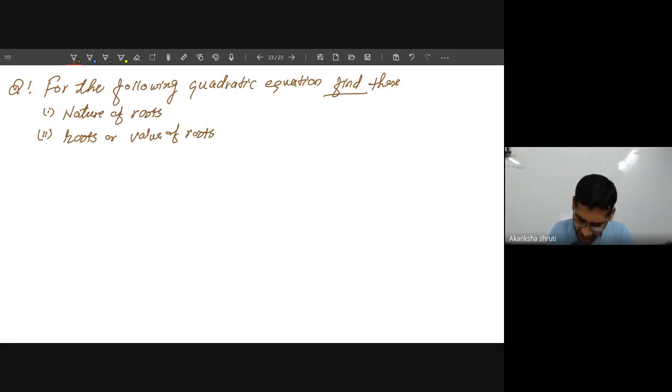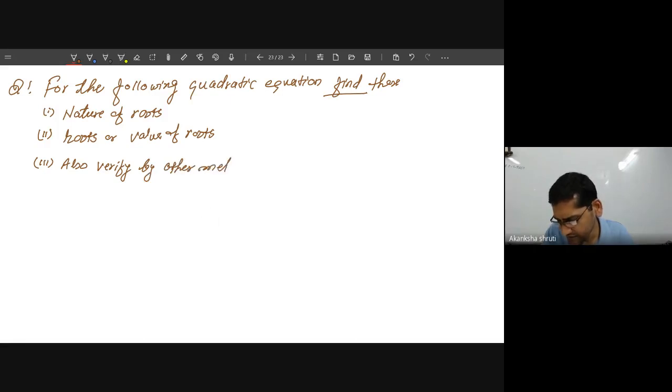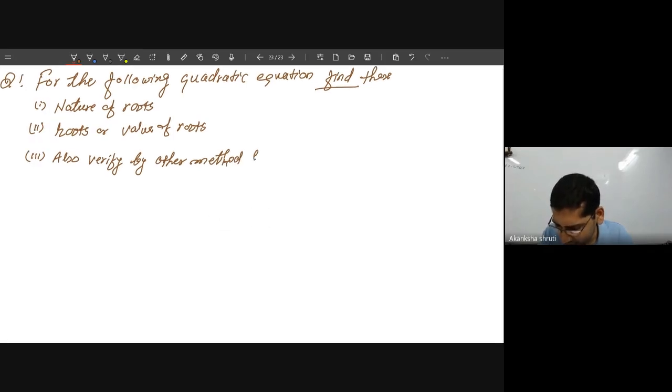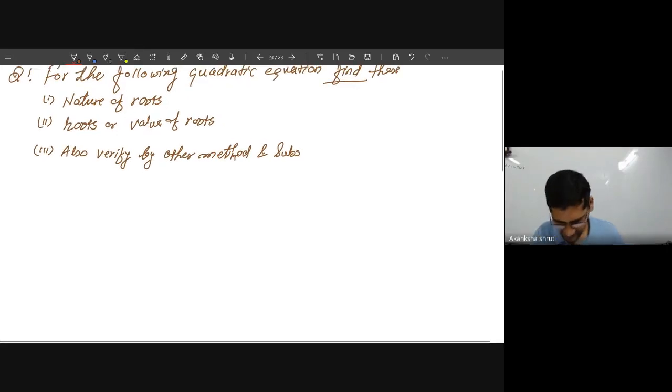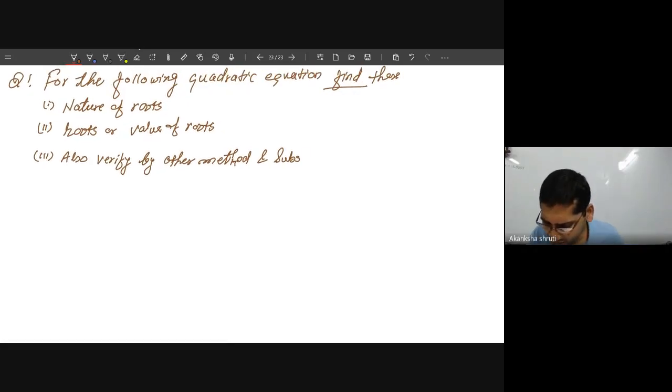The third one is that you have to verify by factorization also, also verify it by another method, and substitution. This thing we will see.